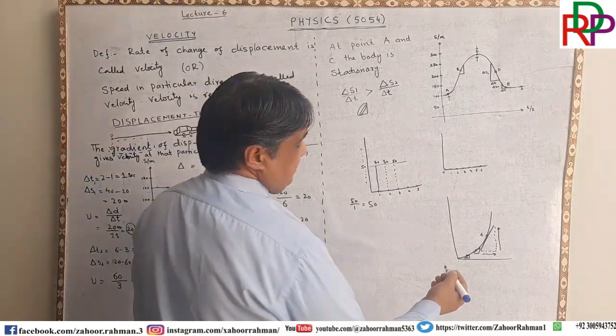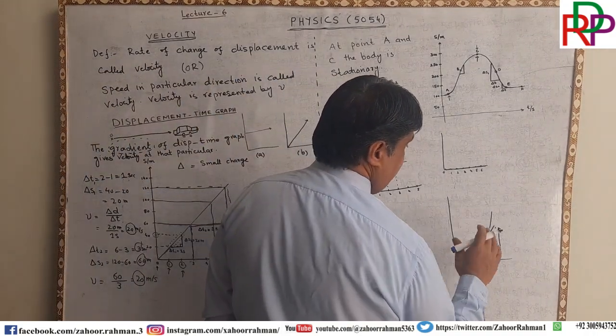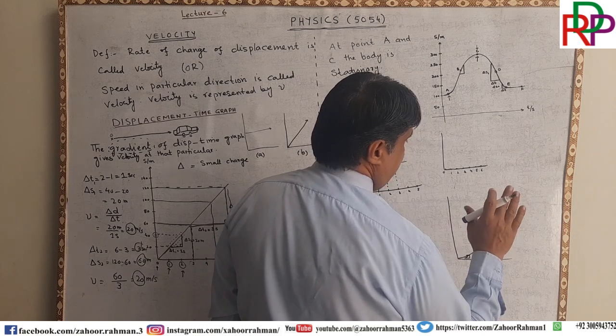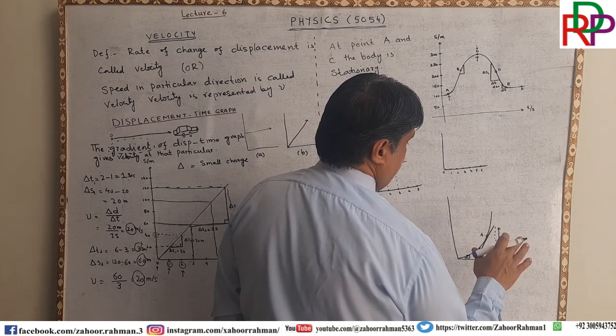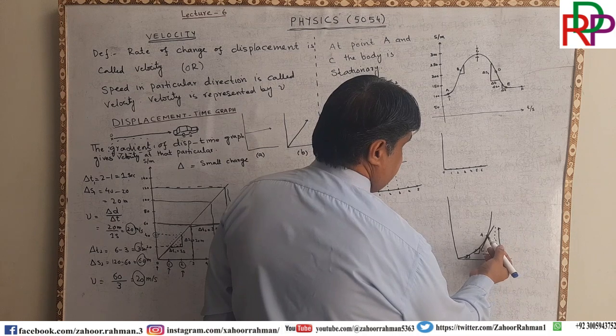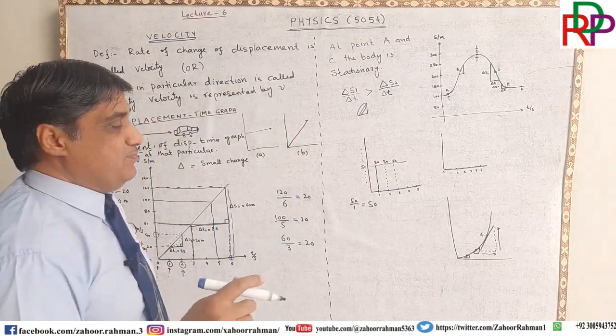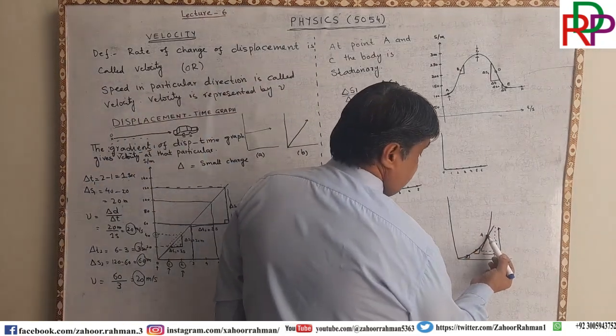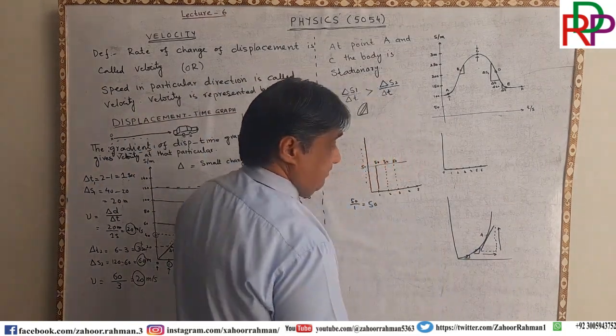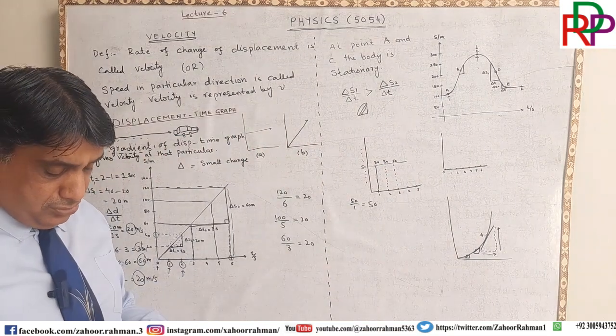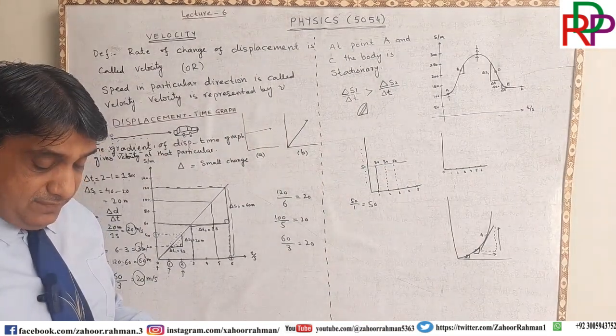In this way we can find the average velocity and average speed as well. And instantaneous speed can be found by a particular interval of time, and I told you that as well.